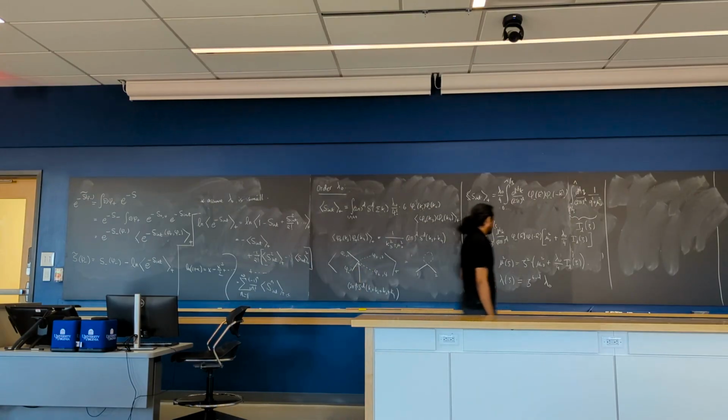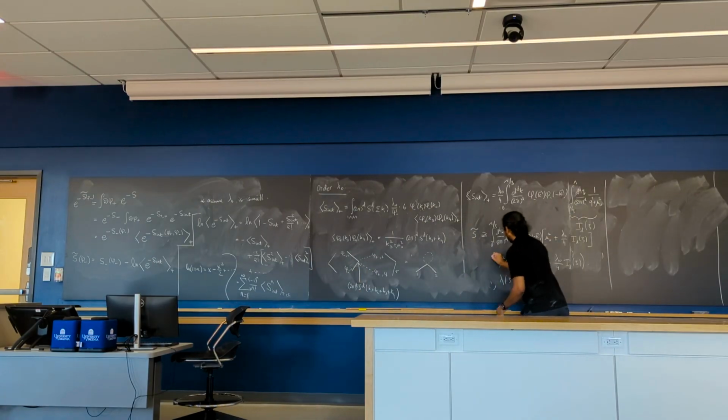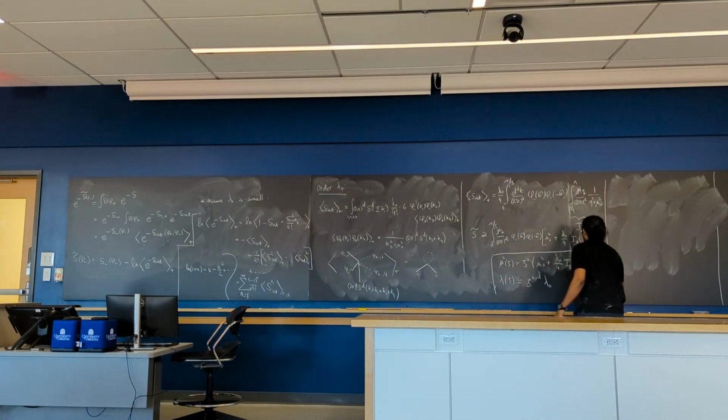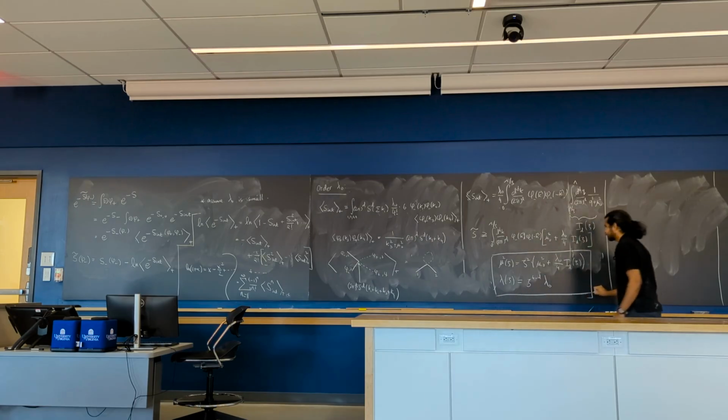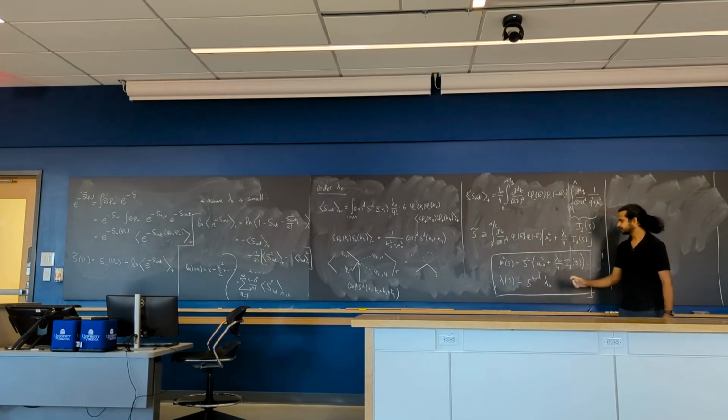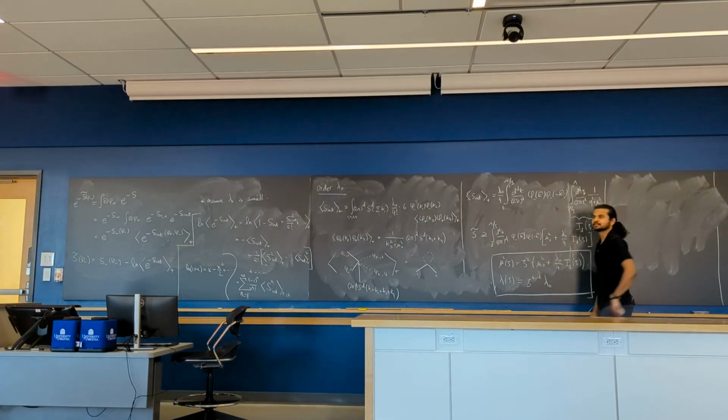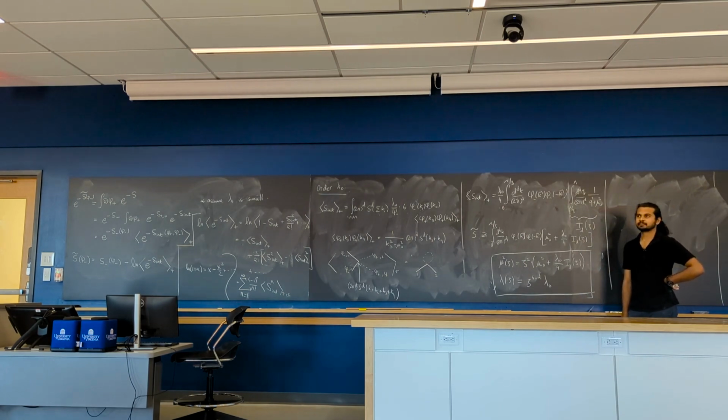But after doing RG to first order, what we find is this. Imagine mu 0 square was 0, right? But RG generates a new mass term. See what's going on?